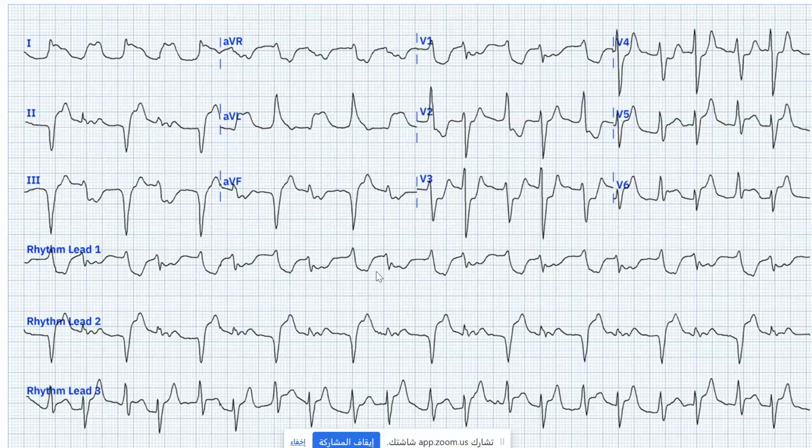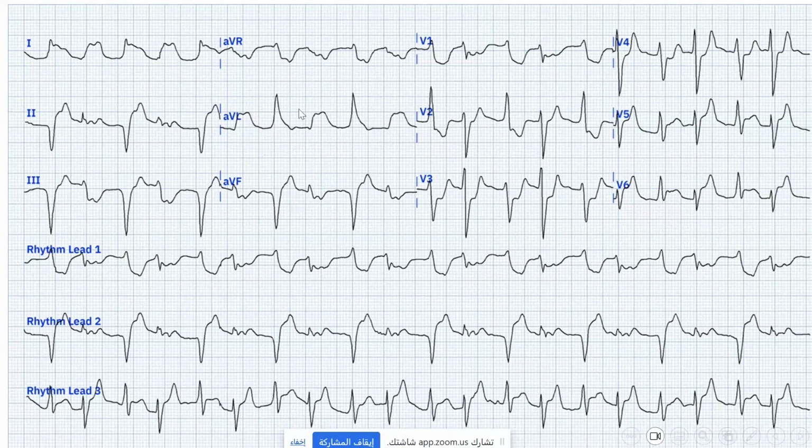Okay, and is there some elevation in leads 2, 3 and aVF? This looks like digoxin toxicity. I'm not sure I can say yes or no, but I will help you a bit.